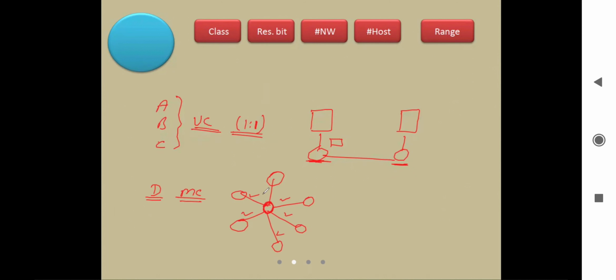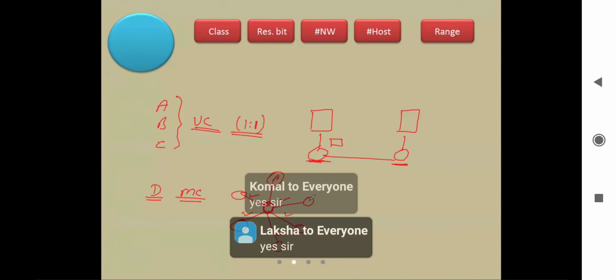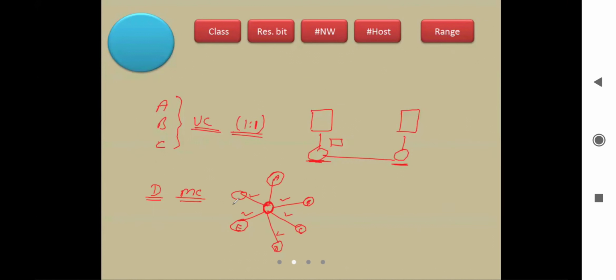Now tell me, is multicasting clear or not? Okay, so you can take a screenshot. After that, the next concept is broadcasting.